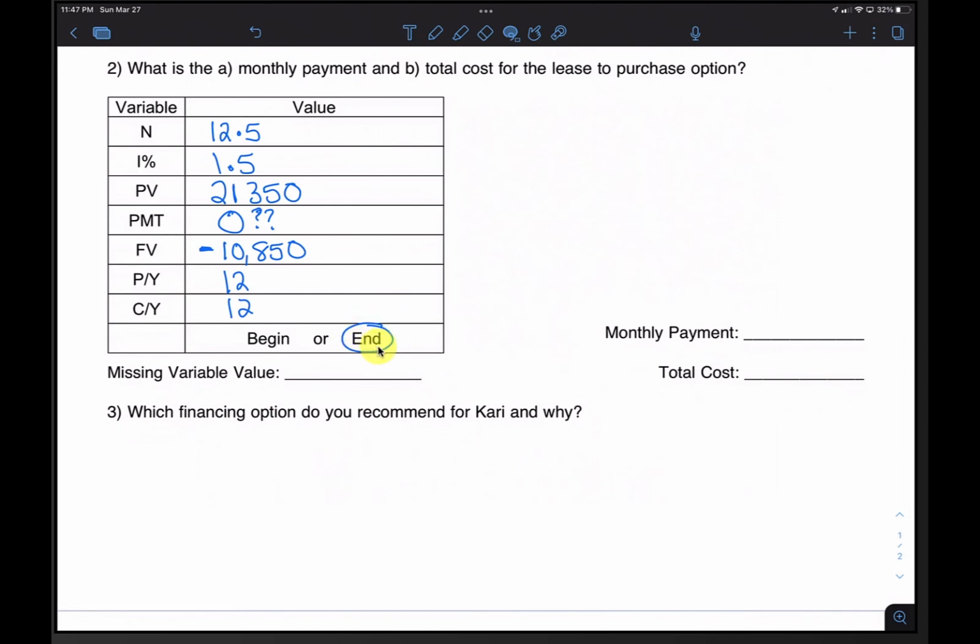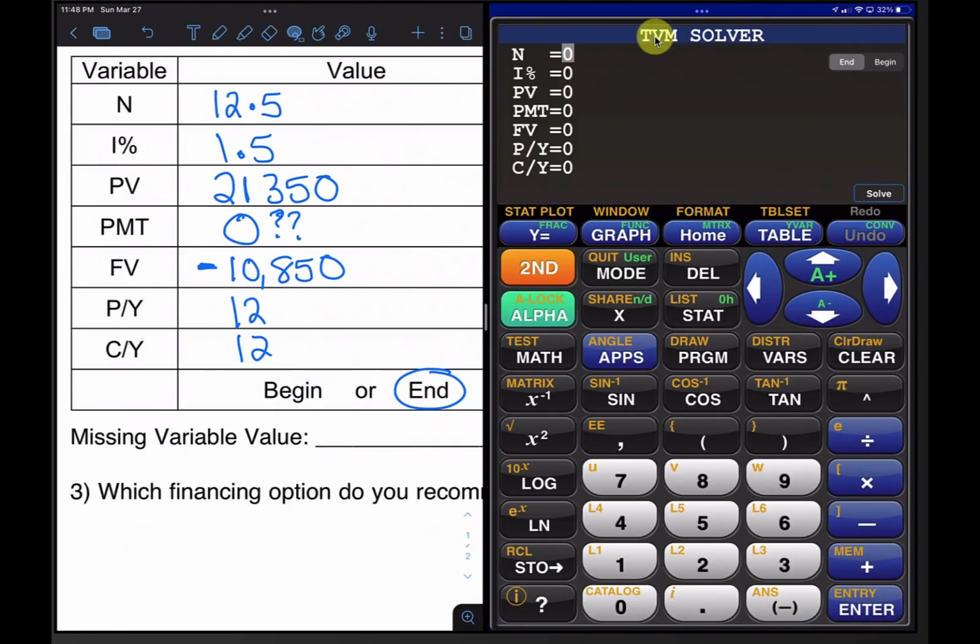Going to the calculator now. We're already here in the TVM solver. Let's just type in the information. So 12 times 5 for N, 1.5 for the interest rate. Present value is 21,350. Payment 0. Future value is negative 10,850. And we want 12 for PY and CY. You can stay right here on the screen.